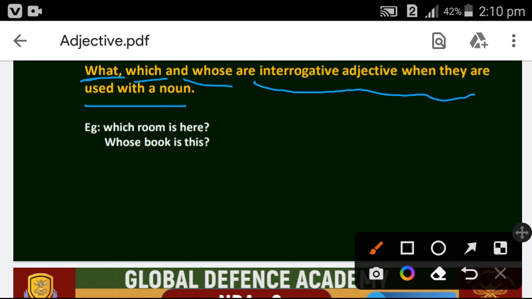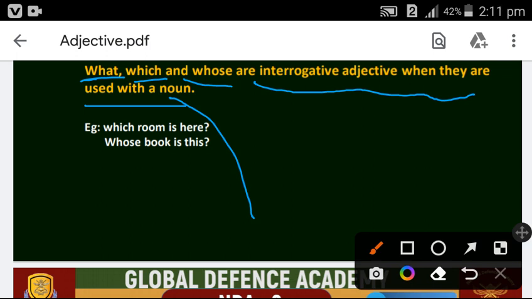By the way, come to the point. What is an interrogative adjective? What, which, and whose are interrogative adjectives when these are words used with a noun. Noun must be considered. Without a noun, it is considered as something else.